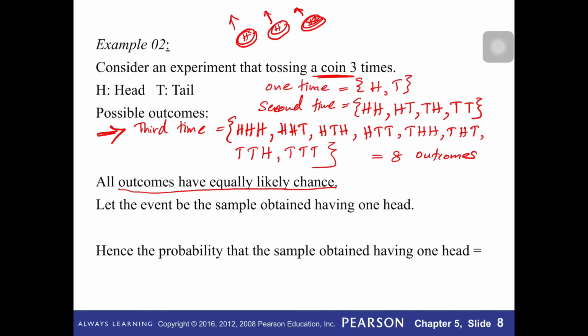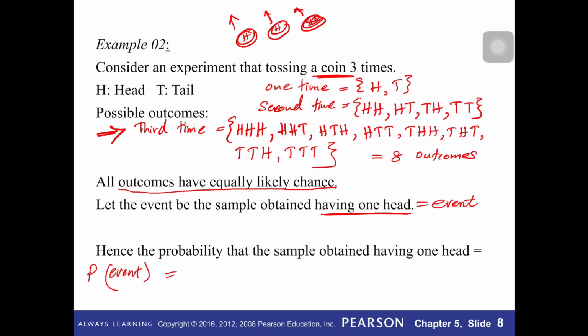Let the event be the sample obtained having one head. Okay, this is now my event. What is that? Sample obtained having one head. So probability of my event, having one head, you can count. Having one head means you can have one head, you can have 2 heads, or you can have 3 heads.